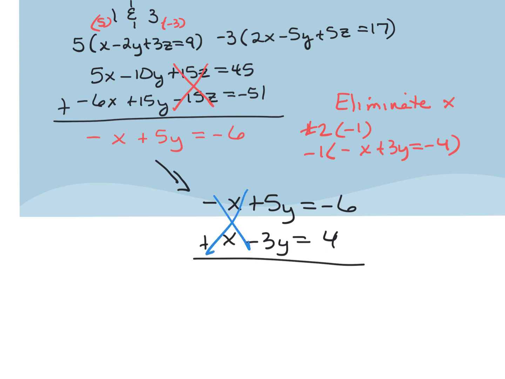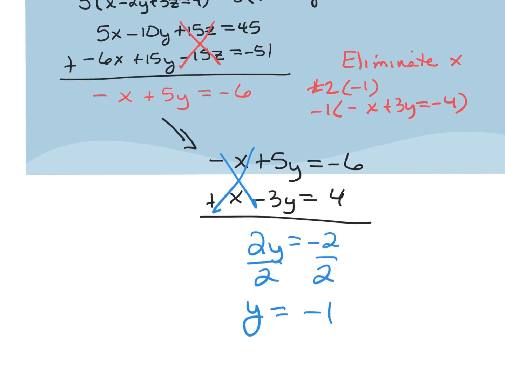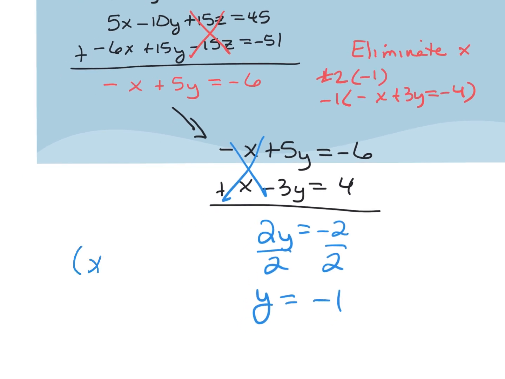I end up with 2y equals negative 2. Divide by 2. And I have the value of my first number out of my ordered triple. Because when I'm done, I'm going to be finding x, y, and z. You're going to write it in the parentheses in alphabetical order.